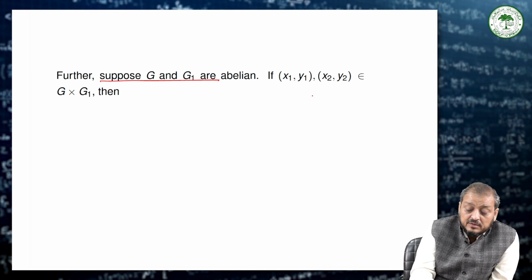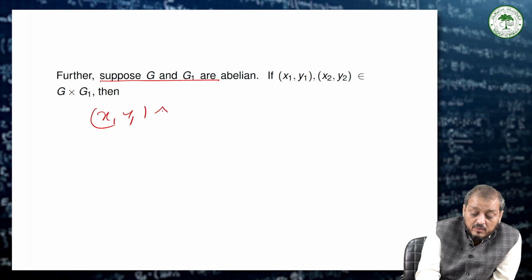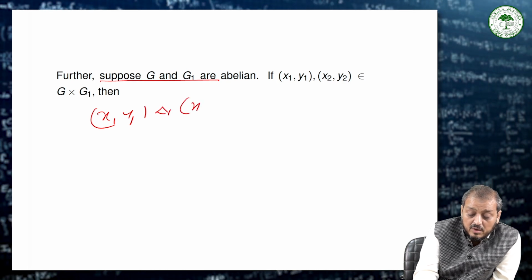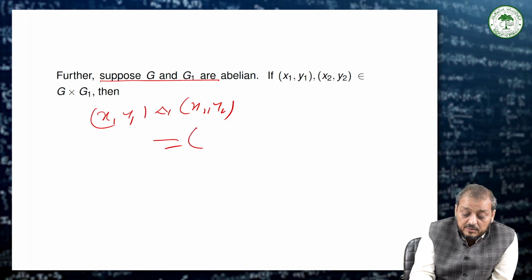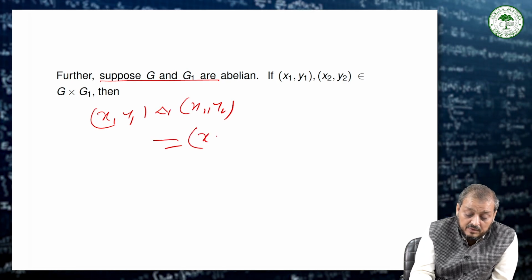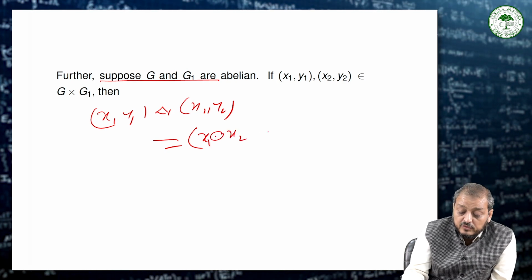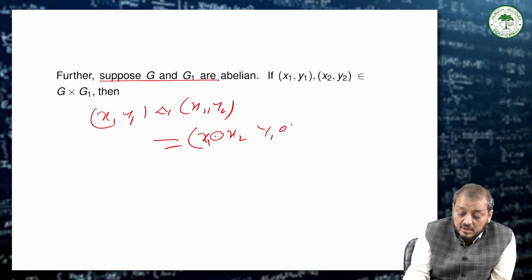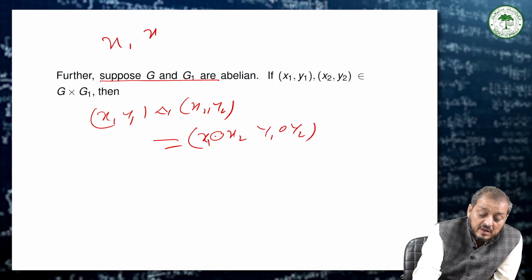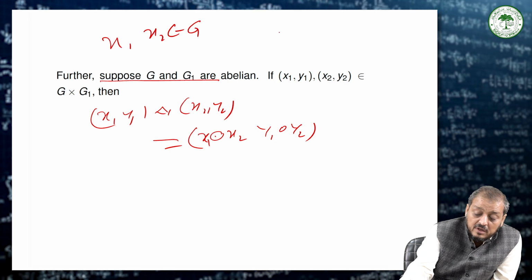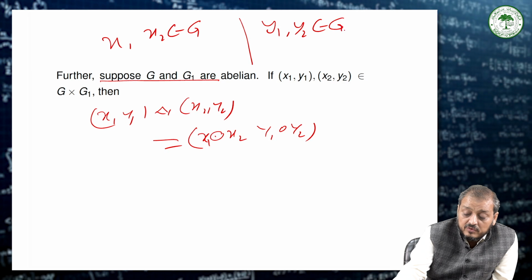Then (x1, y1) diamond (x2, y2), by the definition of this diamond, is (x1 x2, y1 circle y2). Here x1 and x2 are elements of G, and y1 and y2 are elements of G1.